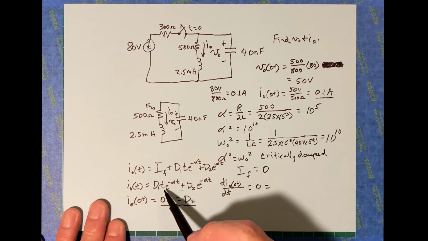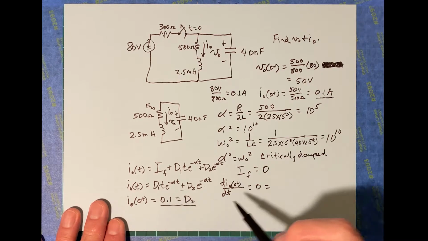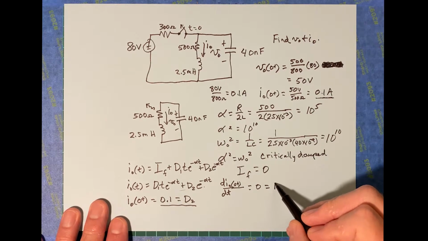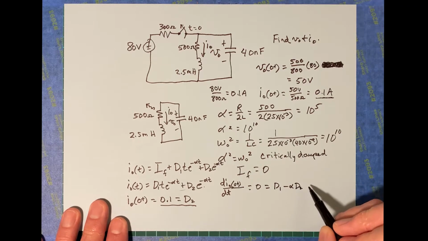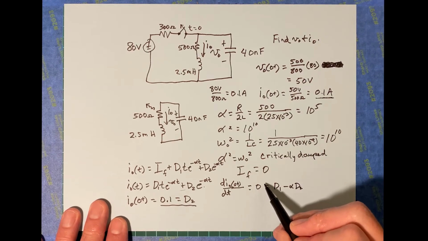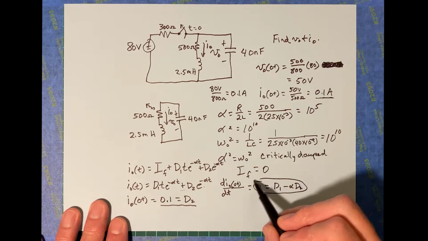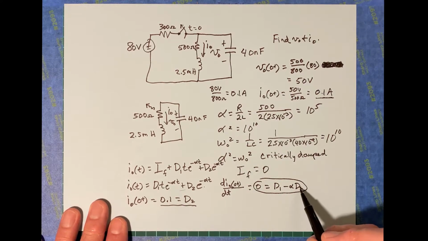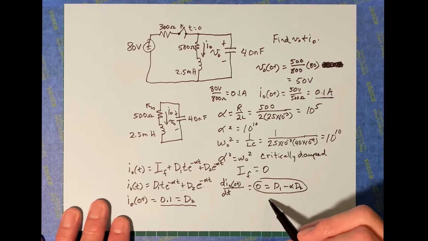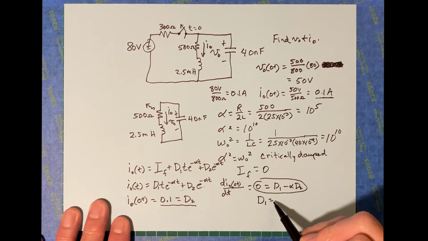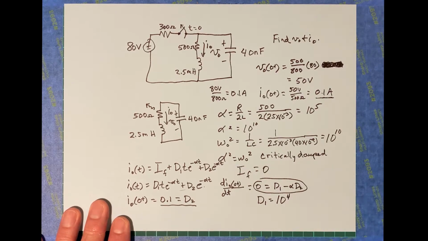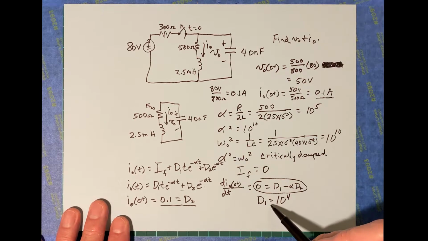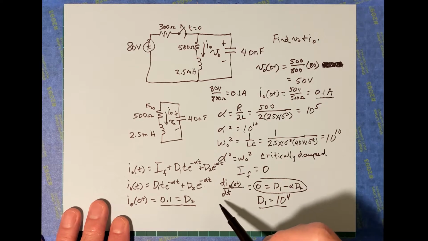Now, let's take the derivative of this with respect to t, and when you do that, you end up with d1 minus alpha d2. So here's our other equation. We know what d2 is, so we should be able to solve for d1 out of this. Whenever we do that, we get d1 equals 10 to the 4th. We've got d1, we've got d2.